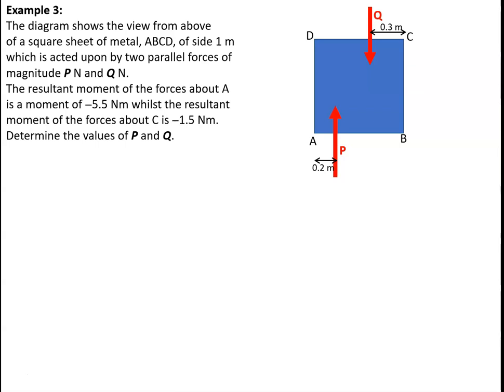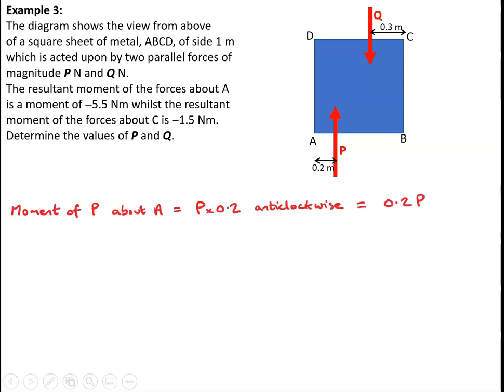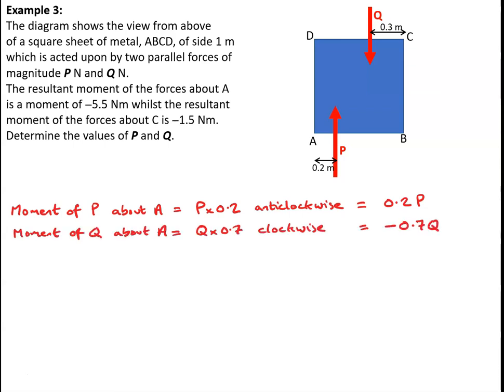So, if we consider the moment of the force P about A, that is P times 0.2 in an anti-clockwise direction, so that gives me a moment of positive 0.2P. The moment of Q about A is Q times 0.7 in a clockwise direction, so that gives me a moment of minus 0.7Q.